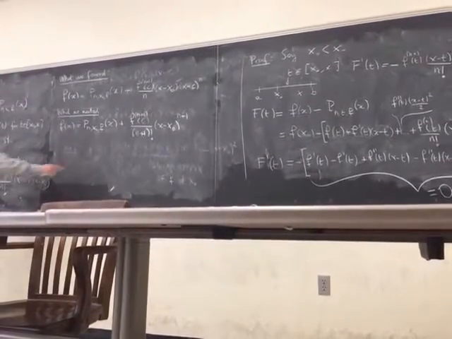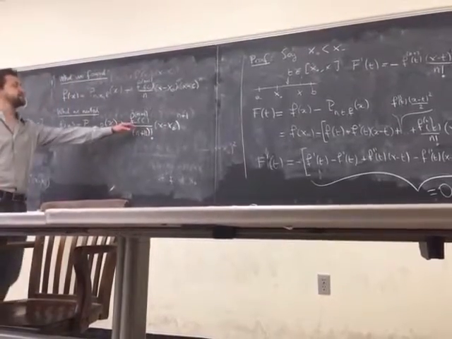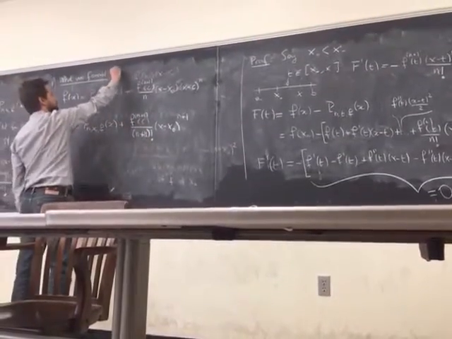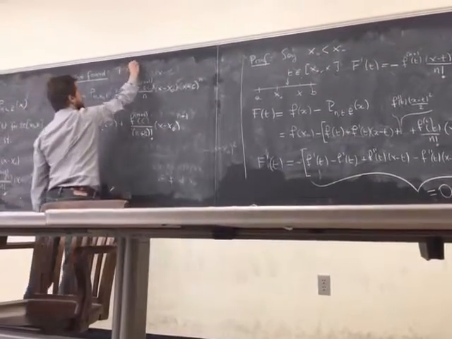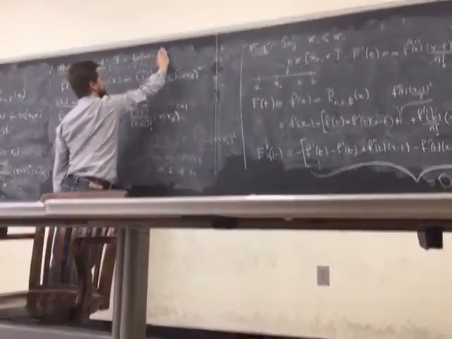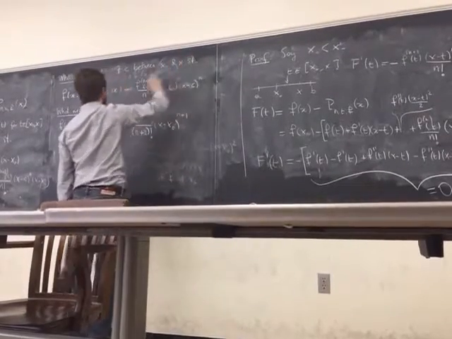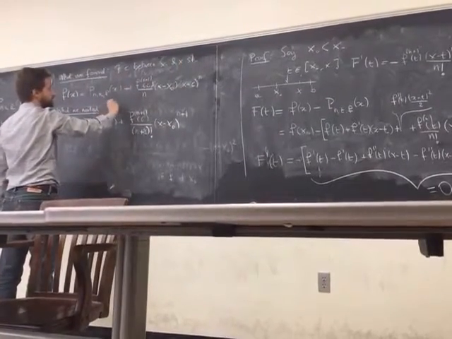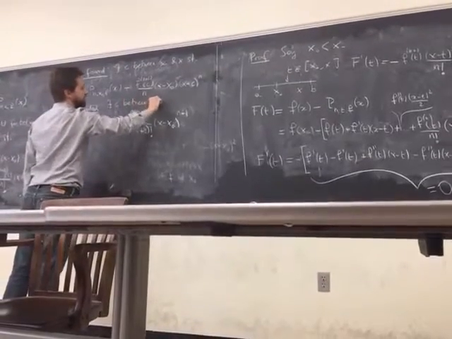What we wanted was to find the point c. There exists c between x₀ and x such that the remainder has a given form.